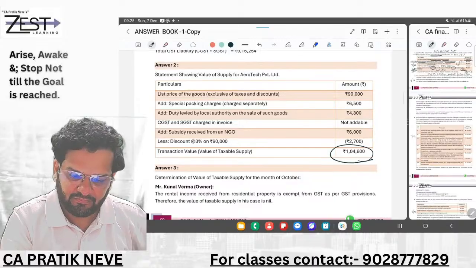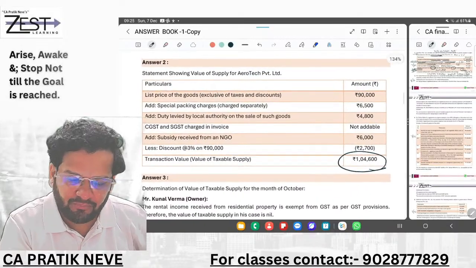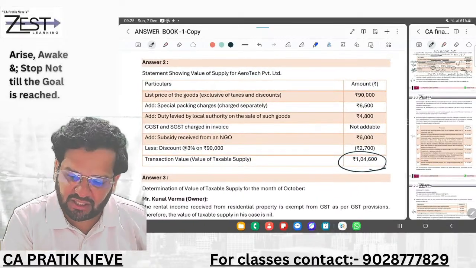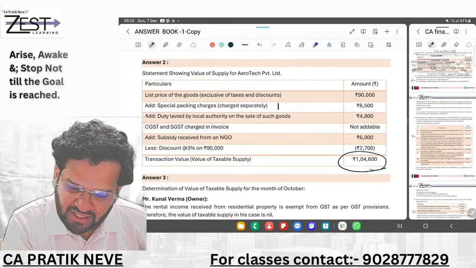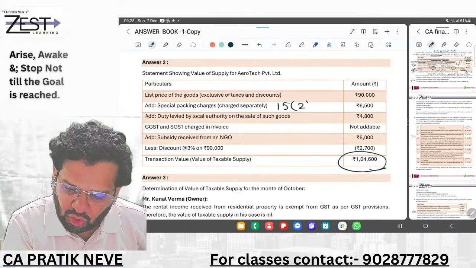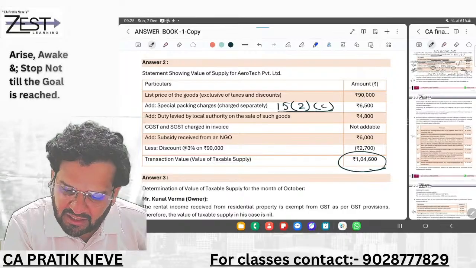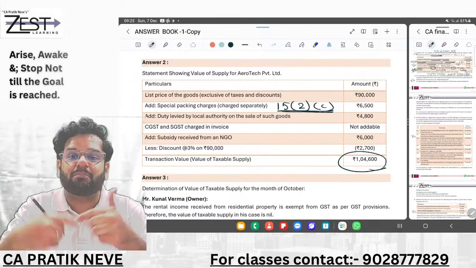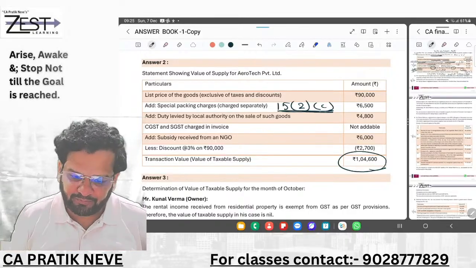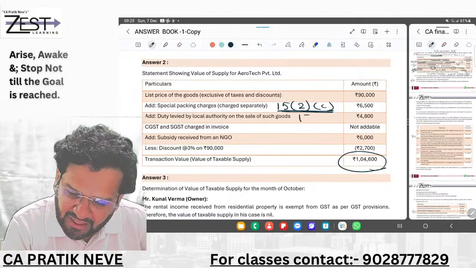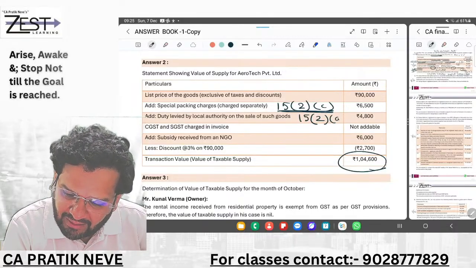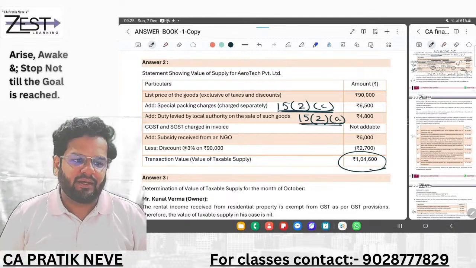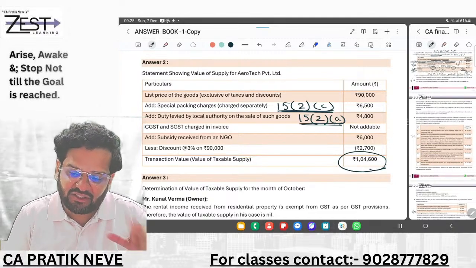Check. So I'm just telling you what happened as per which section. This happened as per 15(2)(c). Any expenses which are incidental to supply, you should include. This happened as per 15(2)(a). Any taxes other than GST you should include.